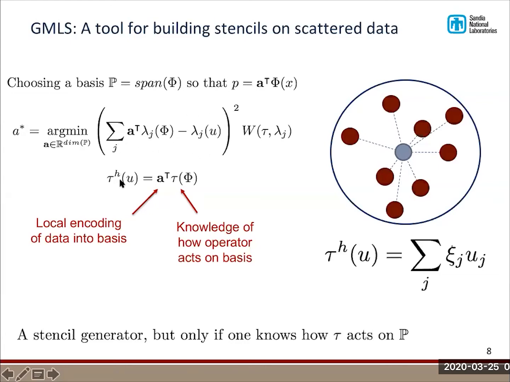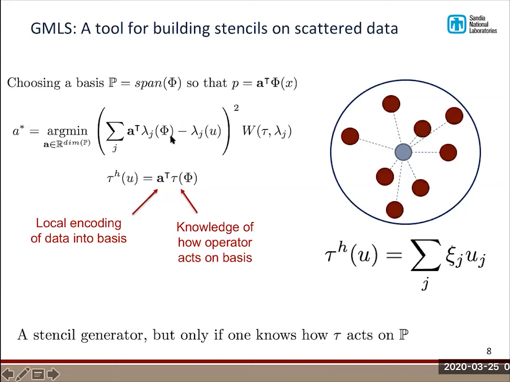And then when you apply the second step, where you look at the operator applied to your reconstruction, when it's written in this form, you can see that it amounts to pairing two types of information. The first part is this coefficient vector A, which provides a local encoding of data into your reconstruction space, and then you're pairing that together with knowledge of how the operator acts on your basis.